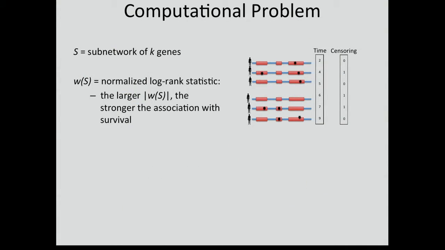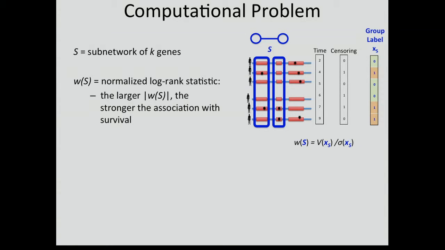So the way we can measure this association through the log rank statistic is by defining, for a set of genes, its weight as the normalized log rank statistic that I obtain from the group labels I described before. So I can take the set S of genes, and assign the group label according to the procedure I described. I assign a 0 if the patient doesn't have any mutation in the set of genes, and a 1 if at least one of the genes is mutated.